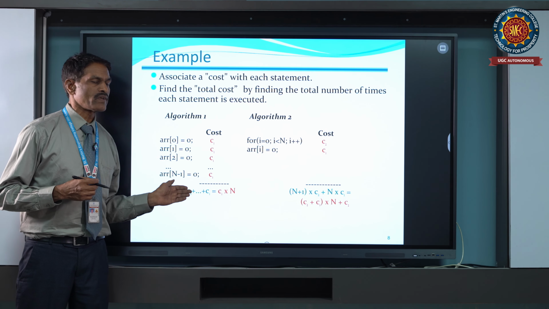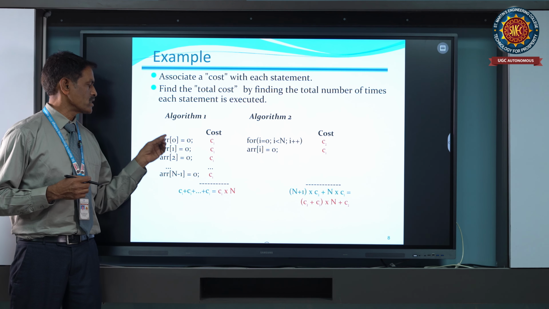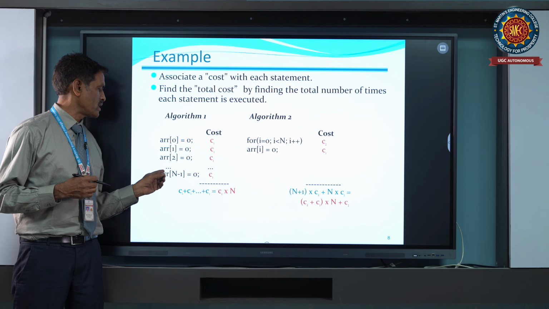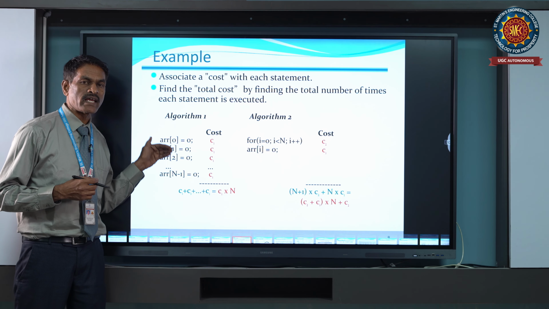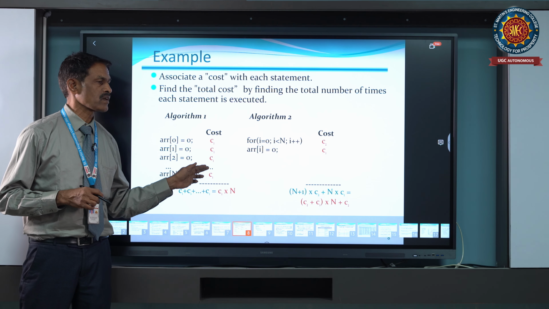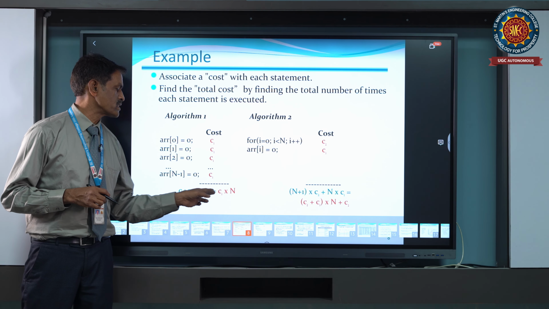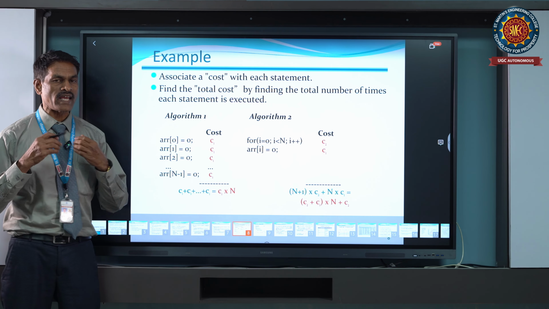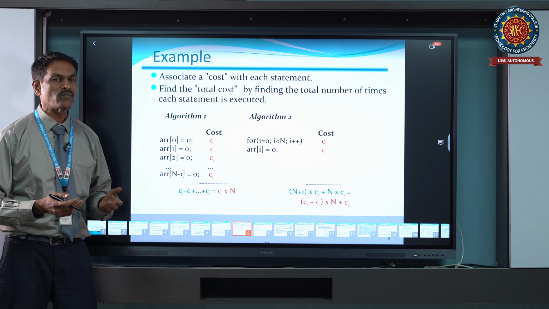So the algorithm is written: array 0 is 0, array 1 is 0, array 2 is 0, and array n minus 1, the size is n minus 1. These are the statements, with cost c1, c1, c1. So the mechanism is cost into n number of times, so n number of times is the time complexity.